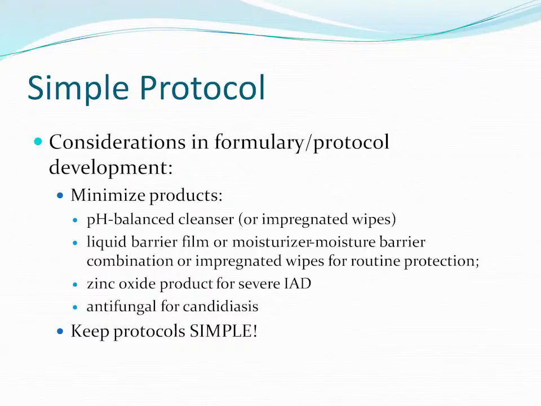If I can take it to 1, I'm almost guaranteed that the patient's going to get what they need. So when you think about setting up your formularies, setting up your protocols, you should have at maximum 4 products: a pH balance cleanser or impregnated wipes, either a liquid barrier film or a moisturizer moisture barrier combination.